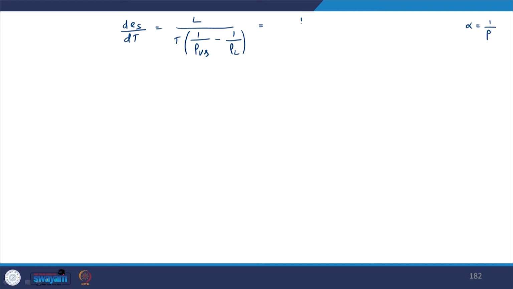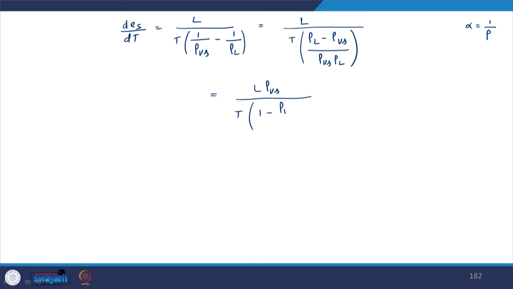I am going to just use a simple rearrangement of this equation, which is basically algebraic: rho L minus rho Vs divided by rho Vs times rho L, or L rho Vs divided by T into 1 minus rho Vs by rho L. So, what is rho Vs?